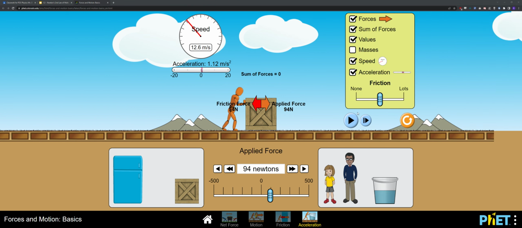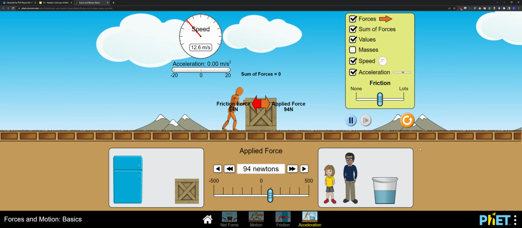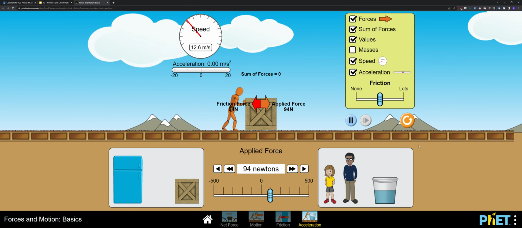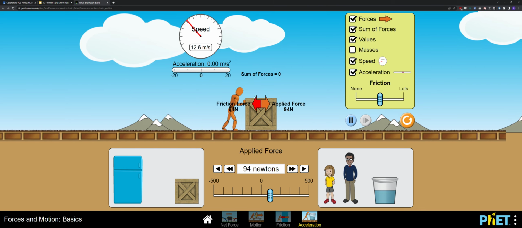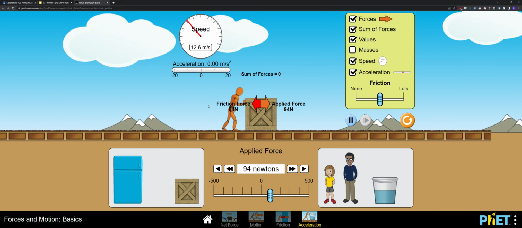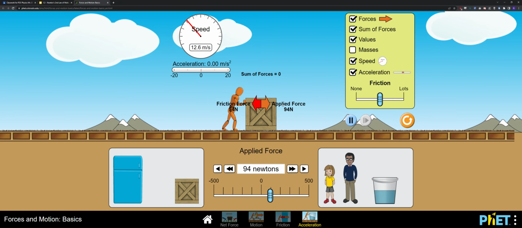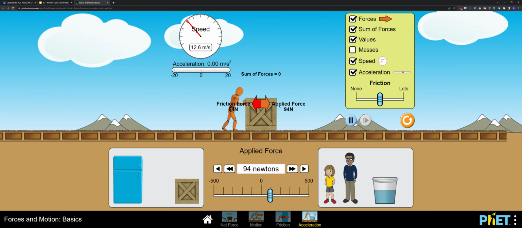And so what happens when my forces are balanced? Let's continue this simulation. Does my speed change? No, my speed does not change when my forces are balanced. My speed is constant. My velocity is constant. Do I have an acceleration when my forces are balanced? No, there is no acceleration.